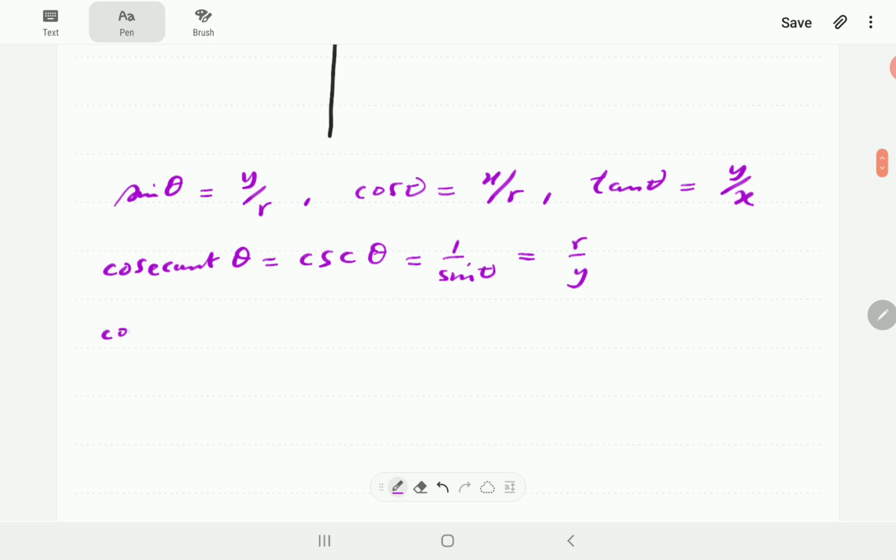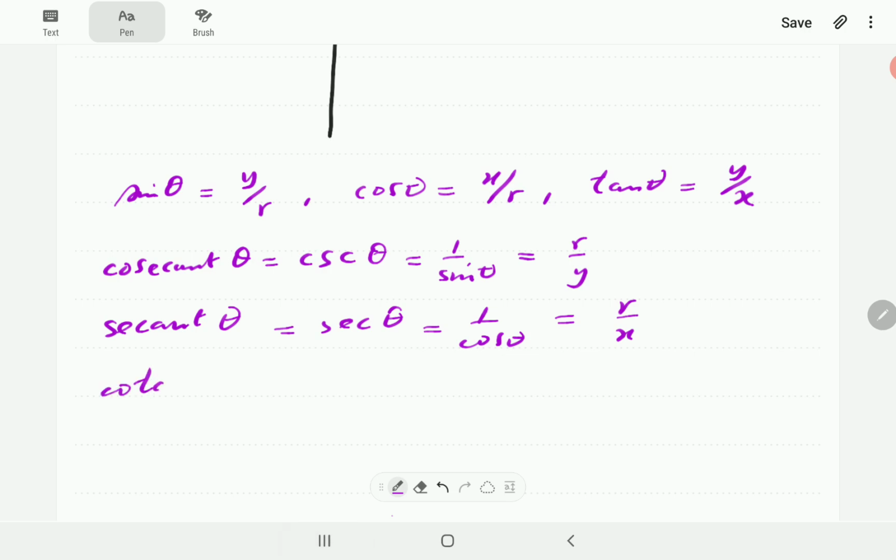Then secant theta, which we abbreviate sec theta, is the reciprocal of cosine, so that one is r over x.